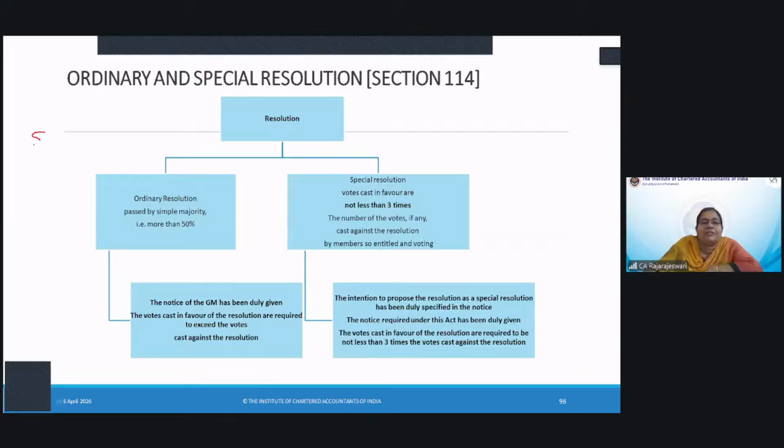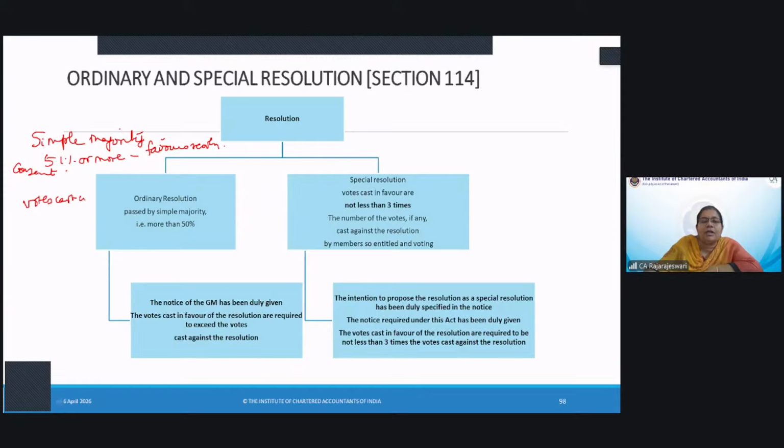Ordinary resolution means a simple majority, meaning 51% or more favor the resolution. If it is passed by the consent obtained from 51% or more of the persons, then you call it an ordinary resolution. So the votes cast in favor of the resolution should be more than the votes cast against the resolution.